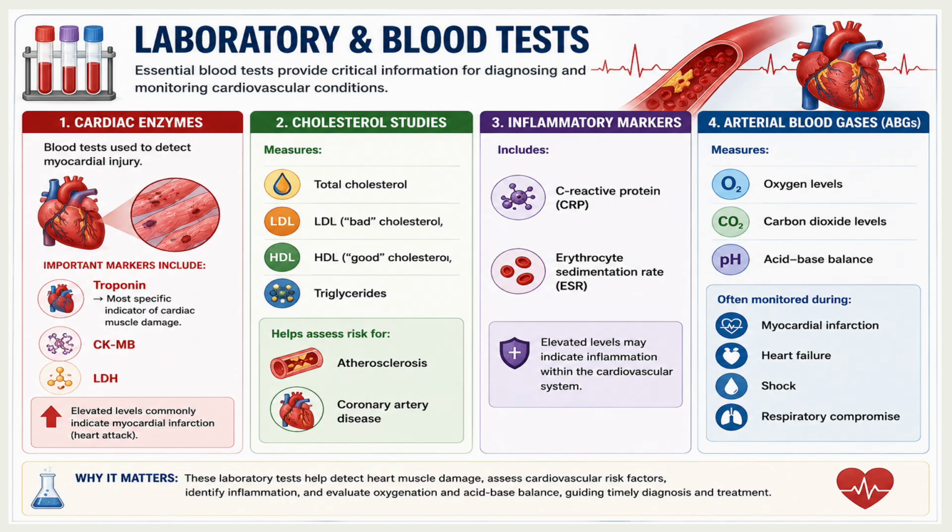This helps clinicians identify hypoxia, because remember we said hypoxia can then cause dysrhythmias and cardiovascular problems. So the ABGs help identify hypoxia and assess the severity of the respiratory or circulatory problem.